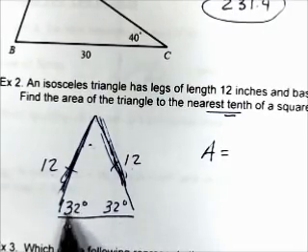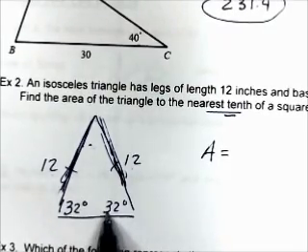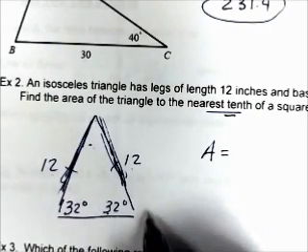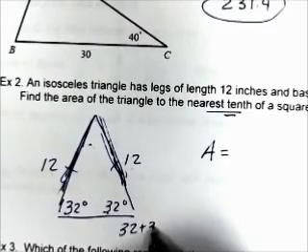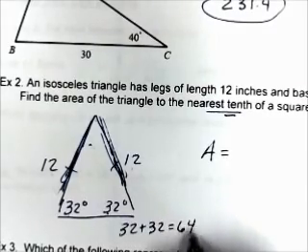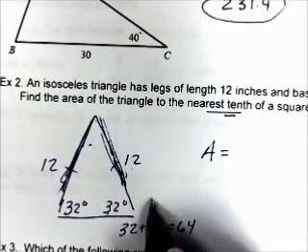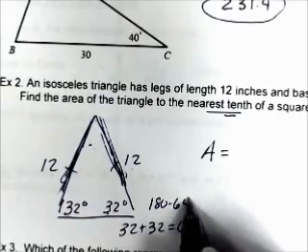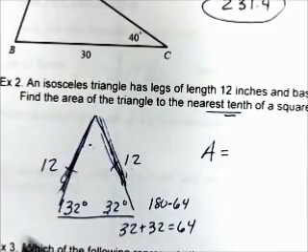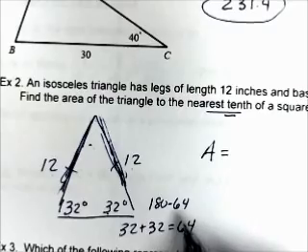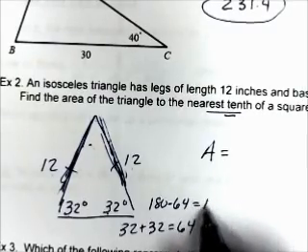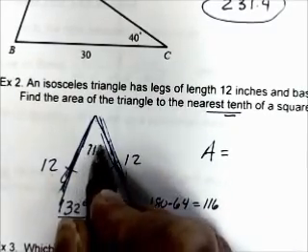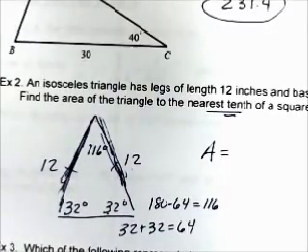We know that the three angles of any triangle add up to 180. So if we add our two base angles, 32 plus 32 is 64, and then subtract that from 180 to get what we call the vertex angle of our isosceles triangle, which would be 116 degrees. Okay, so now we know the angle measure.